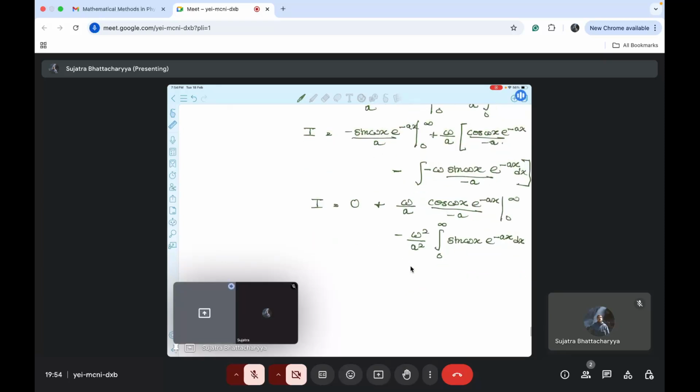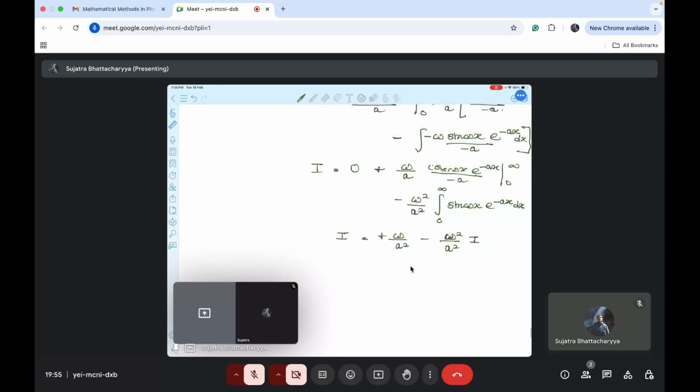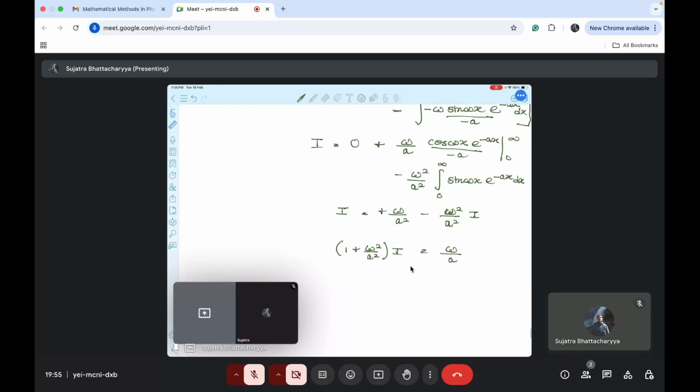All right. What about this? If you put infinity, this will be 0, and if you put 0, this will be 1. So finally, I will get omega by a square with a positive sign and minus omega square by a square I. So it will be 1 plus omega square by a square times I, which is equal to omega by a square.